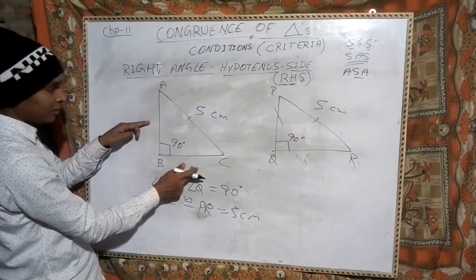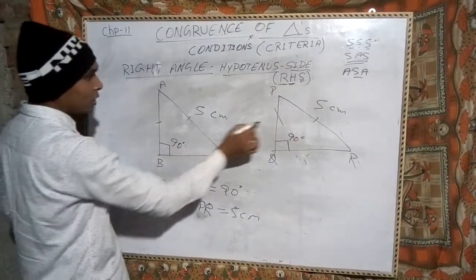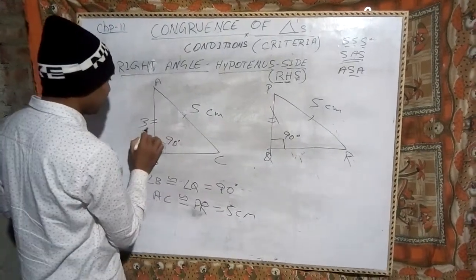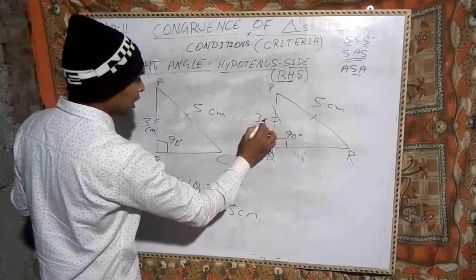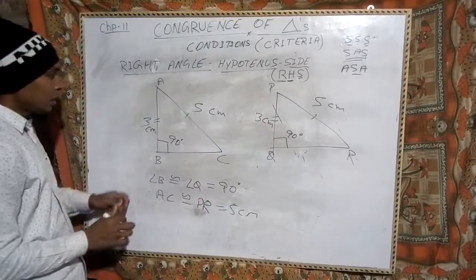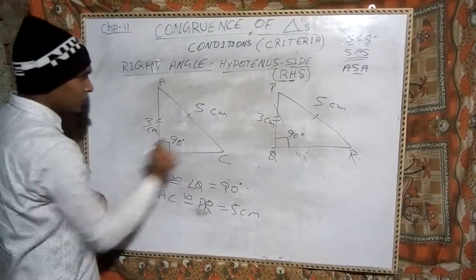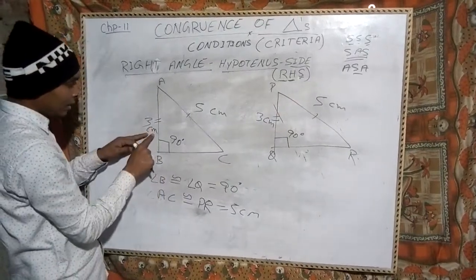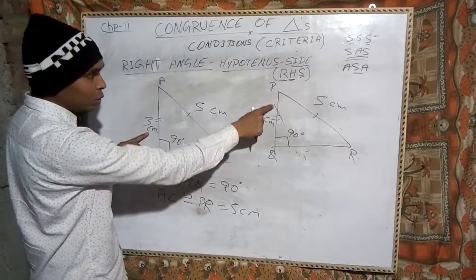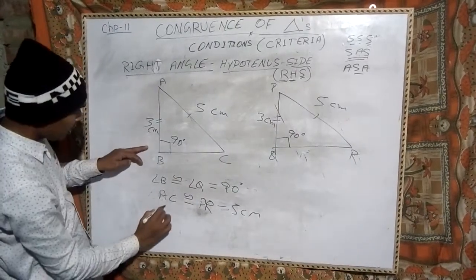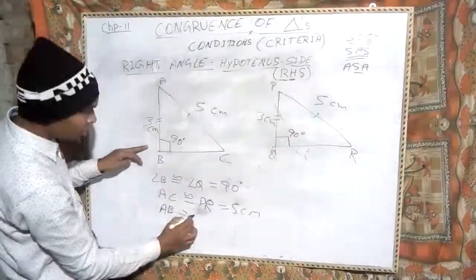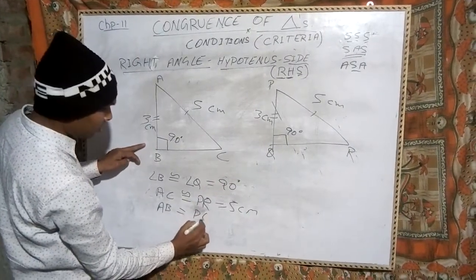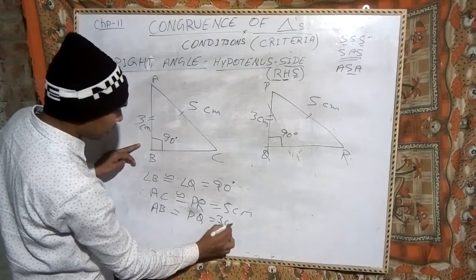either this side or that side. If this side and this side also become equal, say this is 3 centimeter and this is also 3 centimeter, it means the right angle is the same, the hypotenuse is the same, and this perpendicular side is the same, which means AB is equal to PQ, which is 3 centimeter.